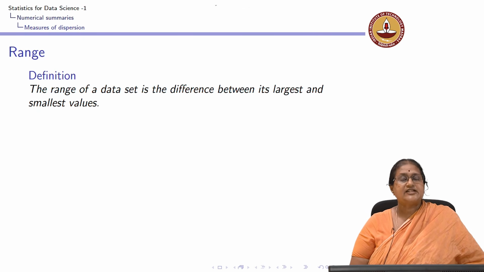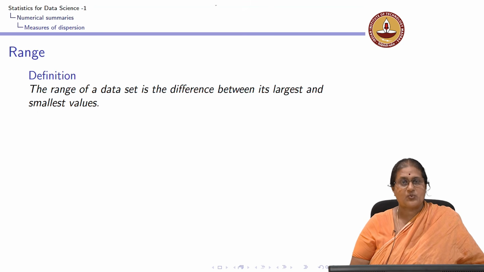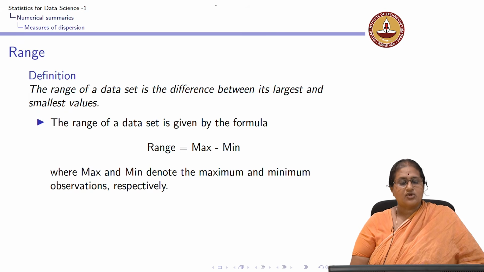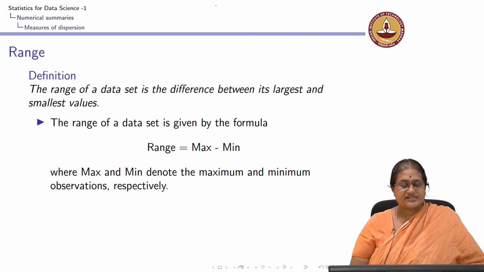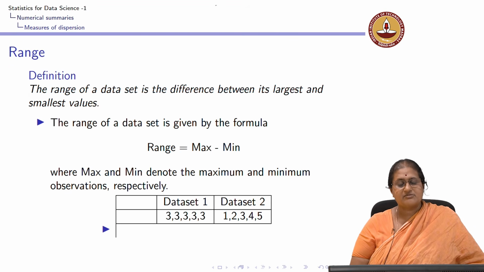The range of a data set is defined as the difference between its largest and smallest value. So the range, as the name suggests, is basically maximum minus minimum, where maximum is the largest and minimum is the smallest value.